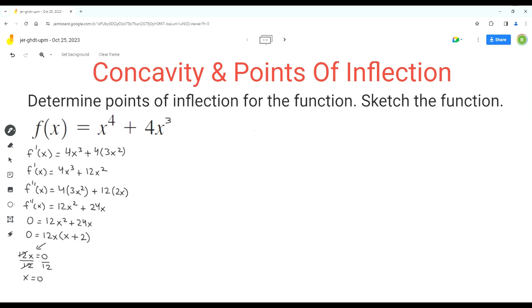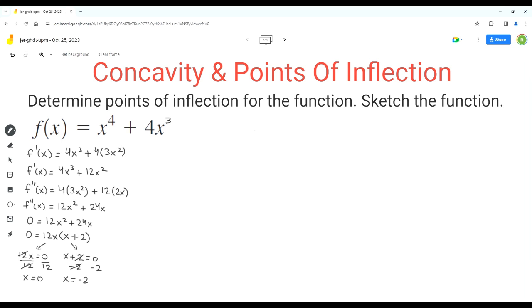So this is the first x value at which the point of inflection exists. Now we can solve the other case, and we can isolate x by subtracting 2 from both sides. So the 2's on the left side get cancelled out, and we get x equals negative 2.